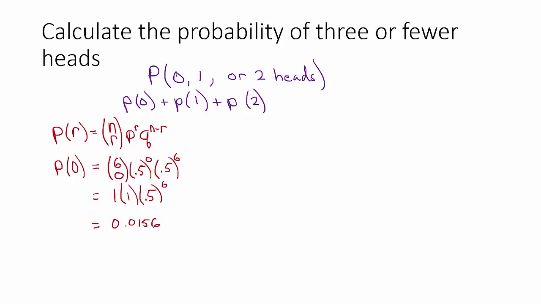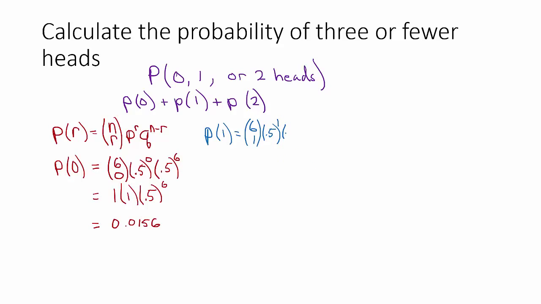We can use the same method to then determine the probabilities of r equals 1 and r equals 2. The only thing that you're changing is different things are getting substituted in. So let's go ahead and look at each of the next 2 probabilities. Let's start with the probability of 1 head. In this one we have 6 choose 1. Probability of success is a half, and we're going to have 1 success.